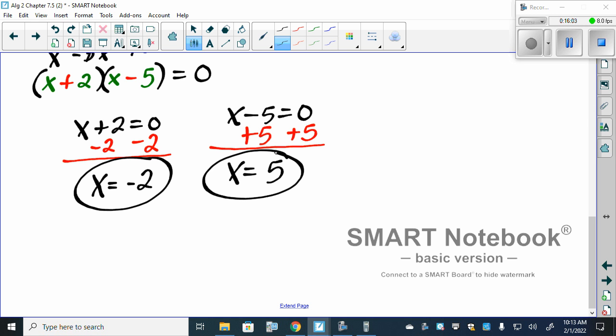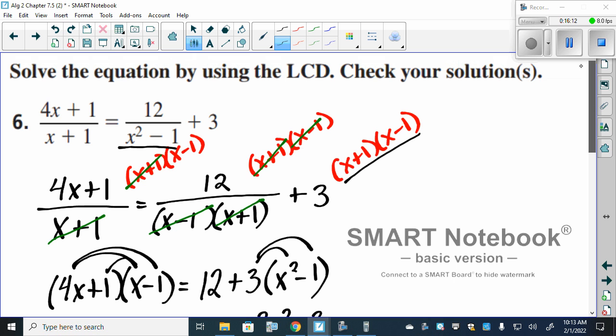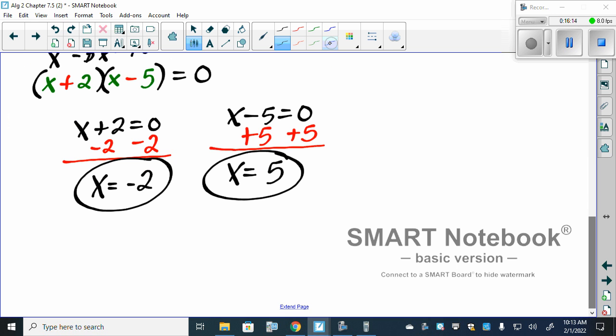And is either one of those one of our restrictions? Did we actually find the restrictions? Now, I do this every year. Because our two denominators really were x plus 1 and x minus 1. So it's plus or minus 1.